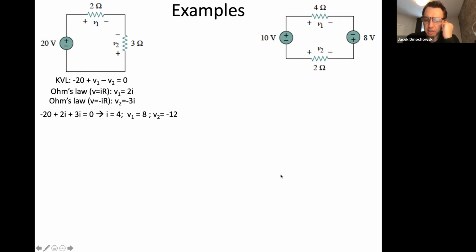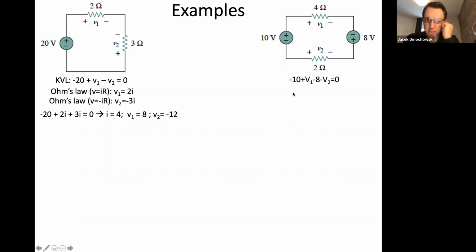Okay, so I already have an answer for the second circuit here. We have negative 10 plus V1 minus 8 minus V2. That looks right. Let's check that. Yeah, looks right. So that's our first equation.